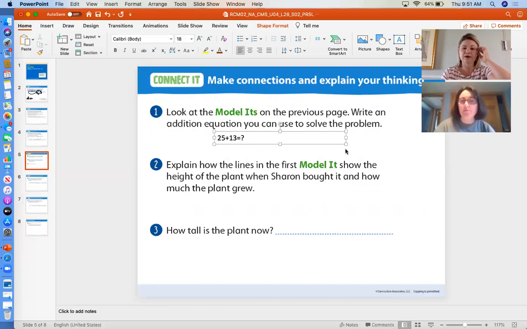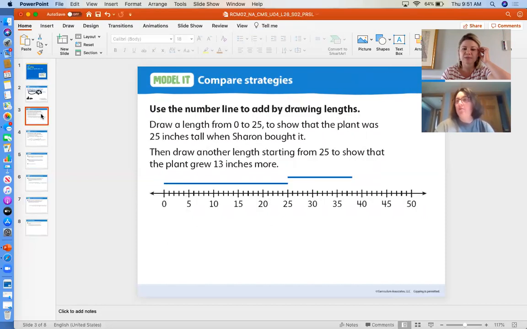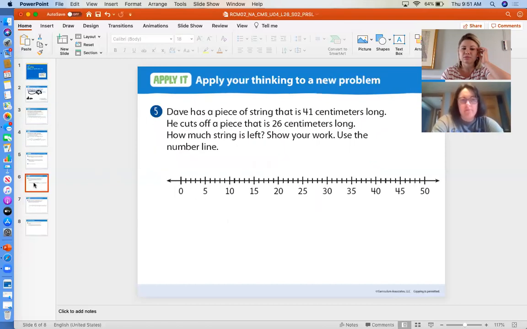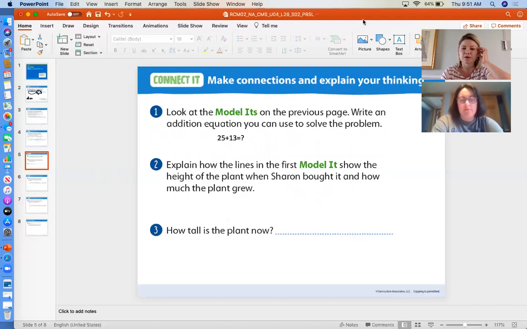Perfect. Okay, so explain how the lines in the first model show the height of the plant when Sharon bought it and how much the plant grew. So we're looking at this one. How do the lines show the height of the plant when she bought it and how much it grew? Well, if you look at it carefully, the first line shows how tall the plant was when she got it. The second line shows how much the plant grew, right? Okay.